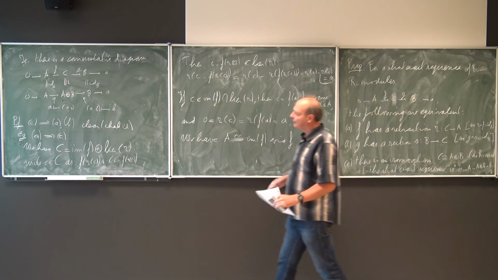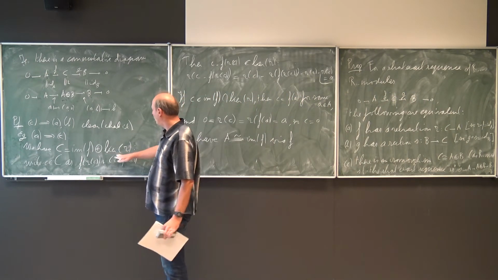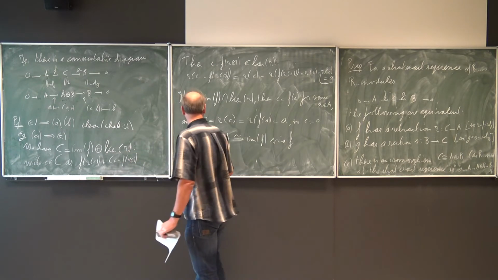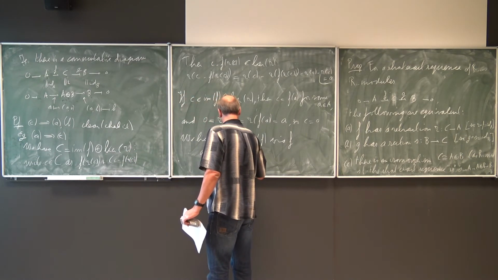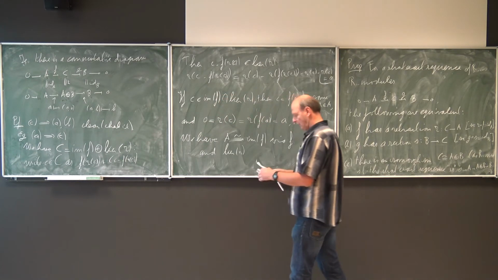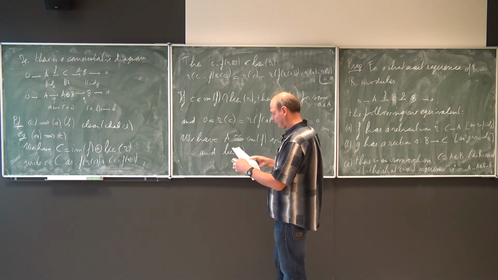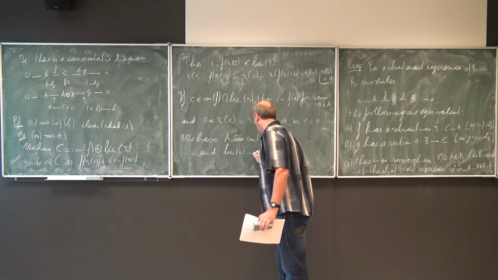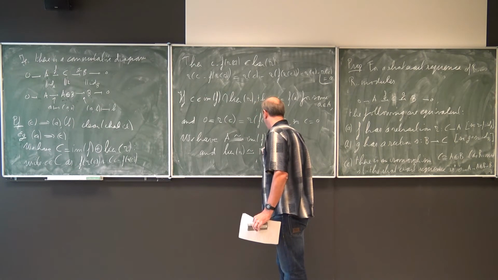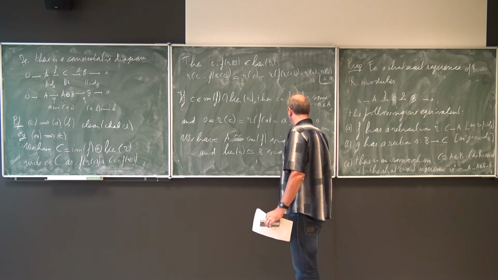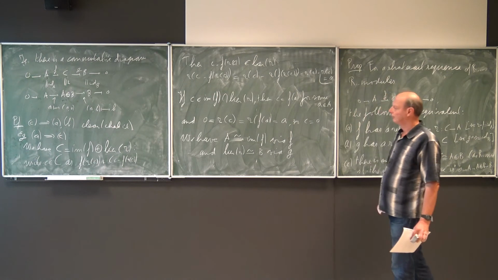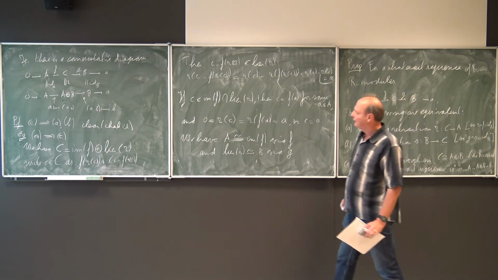And I can actually also look at its kernel of R. I'm claiming that this is now going to be isomorphic with B via G. Okay, so why is that?